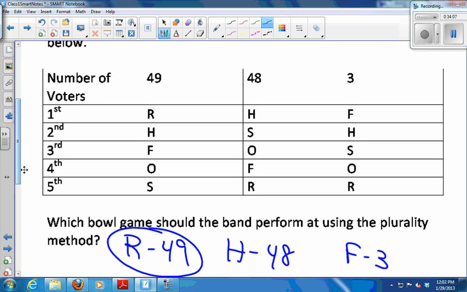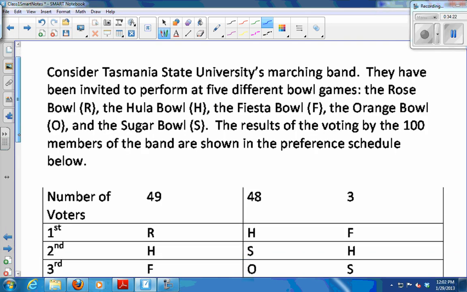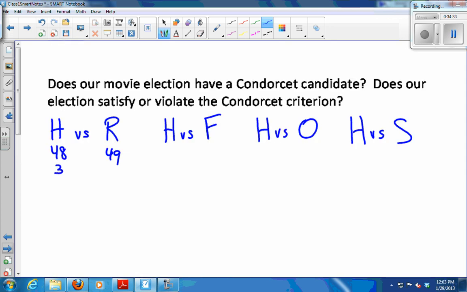Now these 48 people, if they had to choose between Hula and Rose, who would they pick? Hula, because it's ranked above Rose. So we give these 48 votes to the Hula Bowl. And those last 3, who do you think they would pick? Hula Bowl, because they have it ranked higher. So those 3 go to Hula. So Hula gets 51, Rose Bowl gets 49. Hula wins that head-to-head matchup.